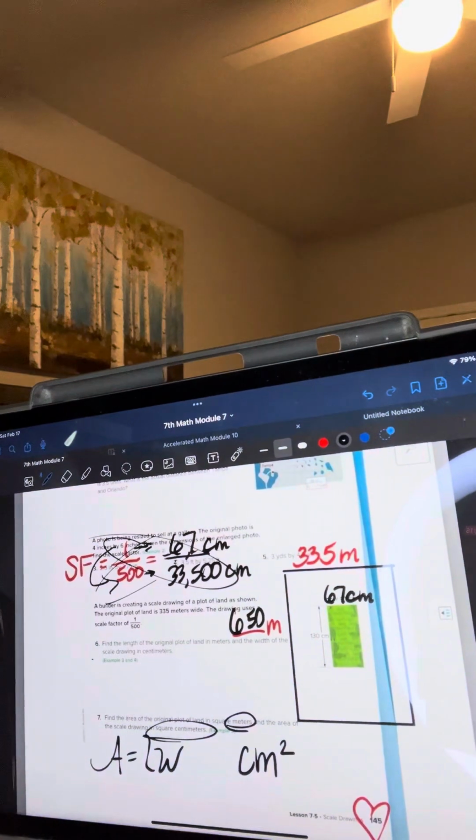And then for your real original plot of land, remember that you've already found the length and the width of it for number 6. So you will use your length, 650 meters, times your width, 335 meters, and the answer you get will be labeled with meters squared. I certainly hope this helps you tonight for your weekend homework.